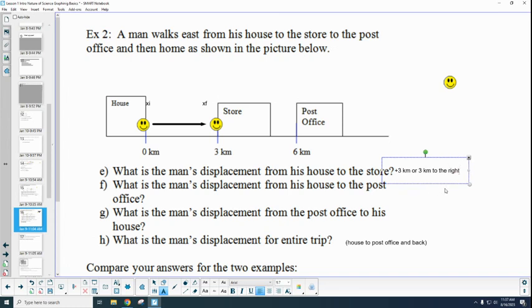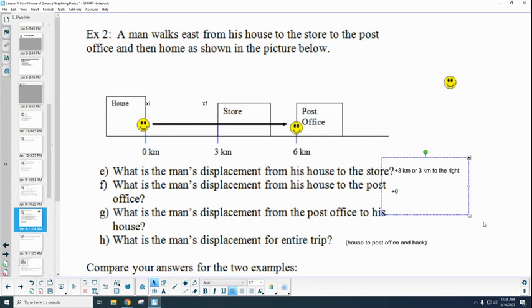That's fine. For the next one, what's the man's displacement from his house? So if we started at the initial position at the house, all the way to the post office, our displacement gets larger this time. You should be able to figure that out. It's very similar in terms of answers so far with the distance, but we'll see some subtle differences.